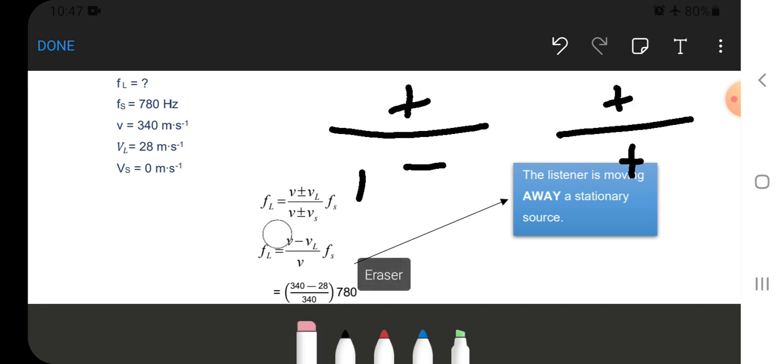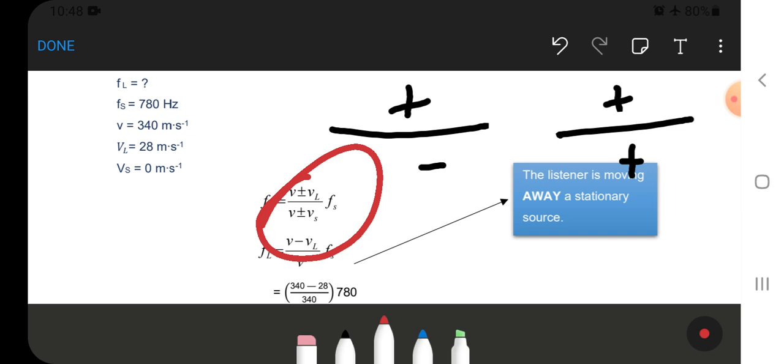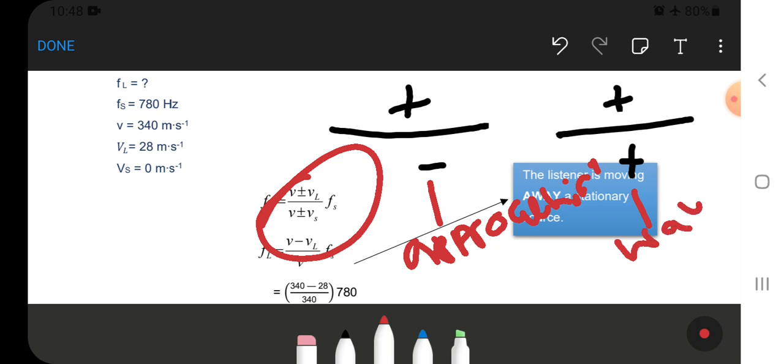Looking at the plus or minus in the formula, this is when the ambulance is approaching, and this is when it's going, when it is past a stationary listener. It's very important that you know that.